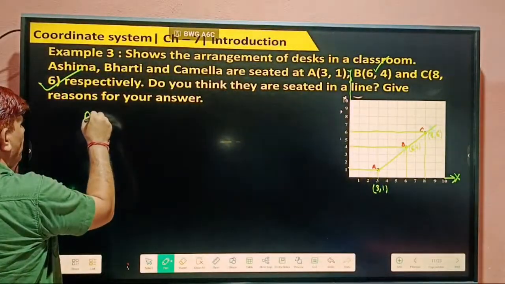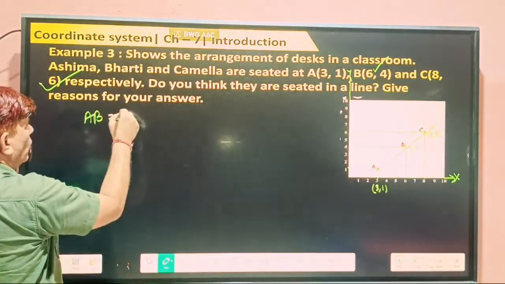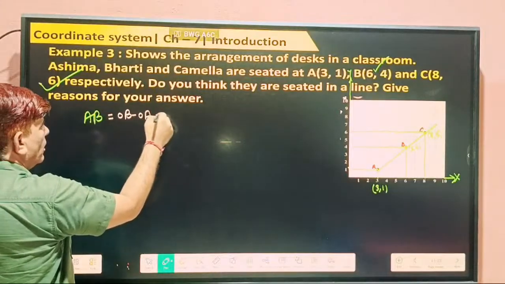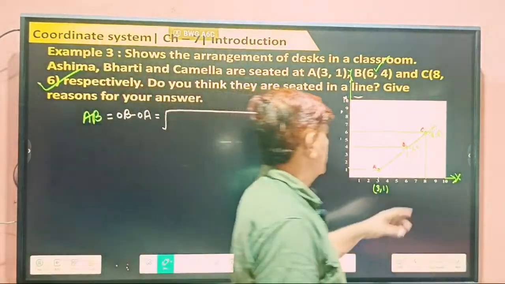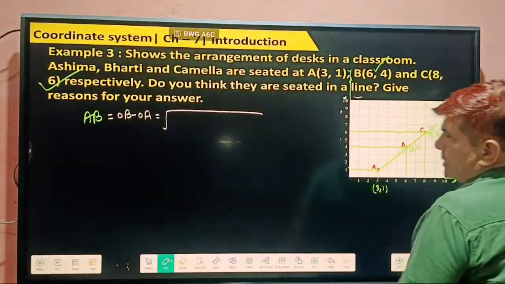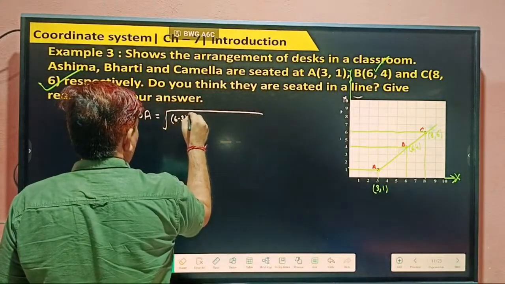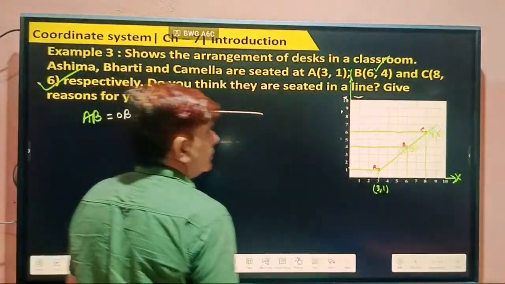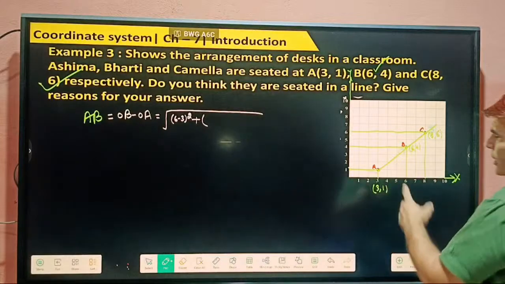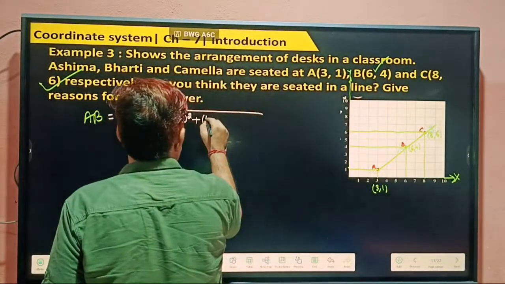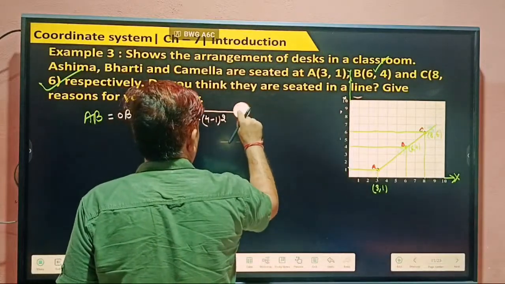We will find out AB. And AB, you know, OB minus OA equals this. What are the coordinates of B? X coordinate 6 minus 3, so (6 - 3) whole square plus Y coordinate 4 minus 1, whole square.